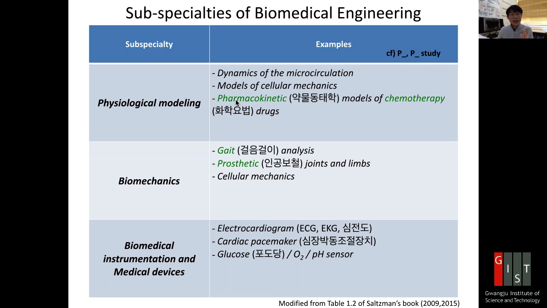Pharmacokinetics means the distribution of the drug inside the body. Simply, we can call it what the body does to the drug, whether the drug can be absorbed, well distributed, or accumulate enough concentration at the target place.